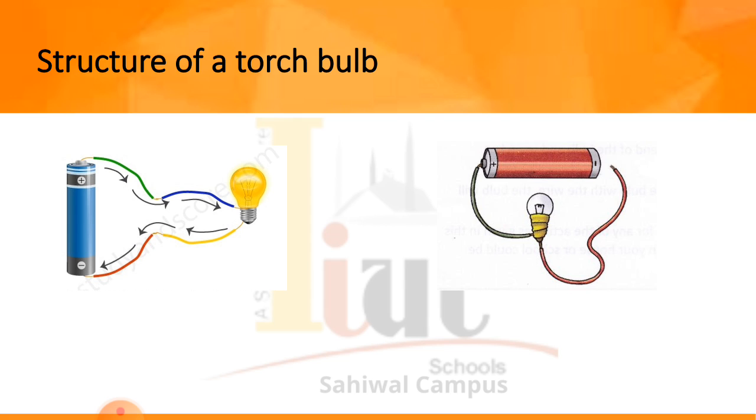If the switch is off, or if there is any gap, either by disconnection of the wire, by the fuse of the bulb or any other reason, this circuit will be known as an open circuit, and there is no flow of current in an open circuit. The first picture shows the connected form of a circuit and the second one shows the disconnected form. So the first one is a closed circuit and the second one is the disconnected circuit, or the open circuit.